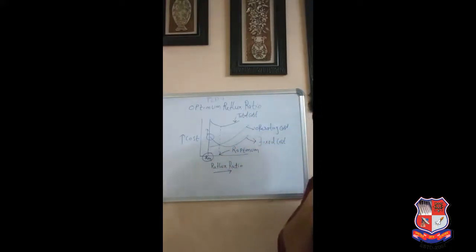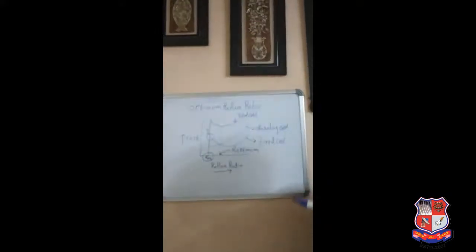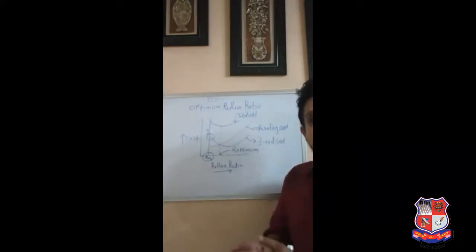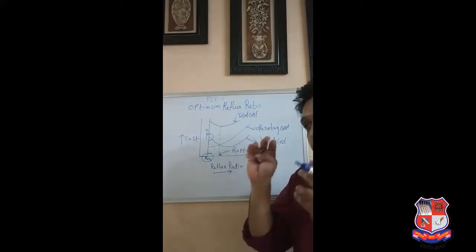The reason behind it is that after increasing to a certain reflux ratio, you reach a point called the saturation point, at which the minimum height or minimum number of trays required for the separation is fixed. This much height is a must for your separation. So further increase in reflux ratio will not benefit you. Even if you increase your reflux ratio, there is no change in the height. The height required will be the same.